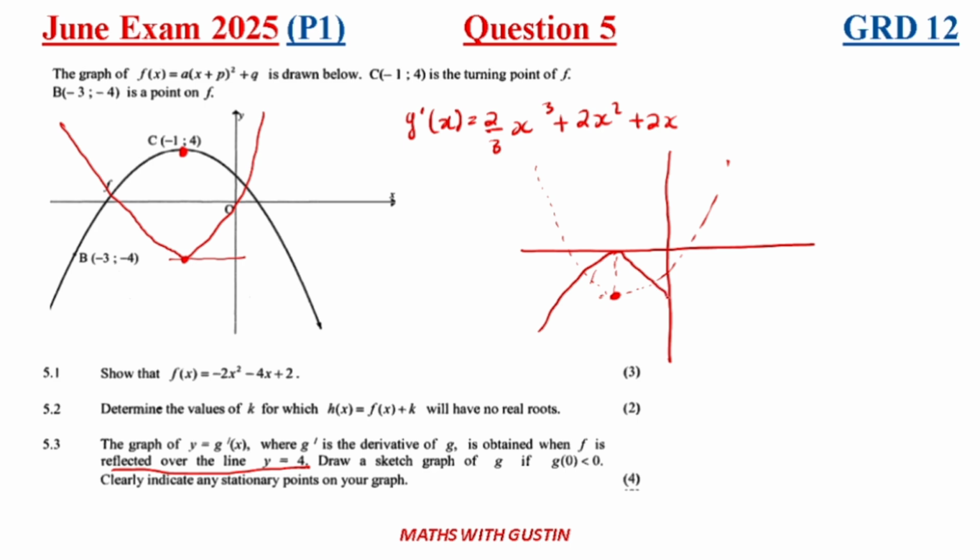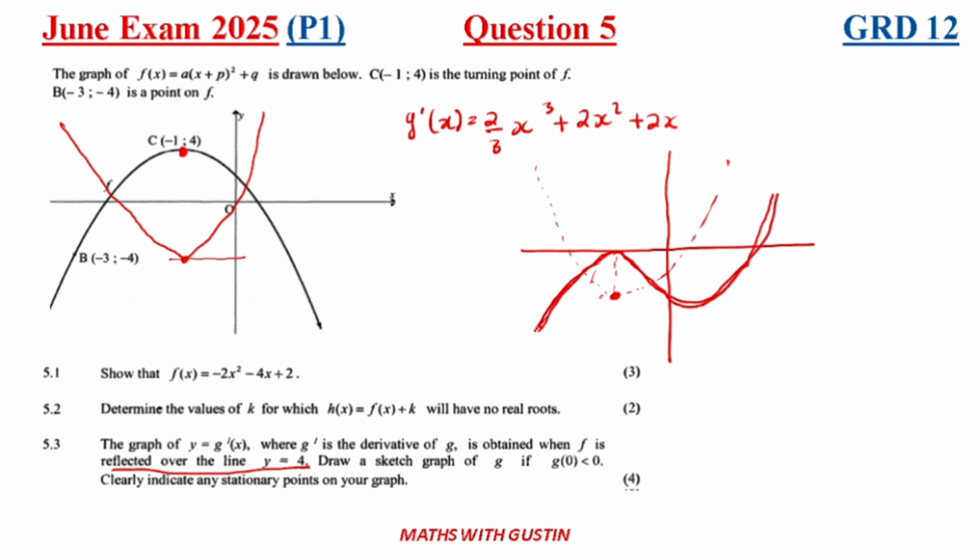So this should be our function, guys. So our function would look like that, right? I hope you guys can see clearly. Just try to make it visible there. So our graph would look like this, right?